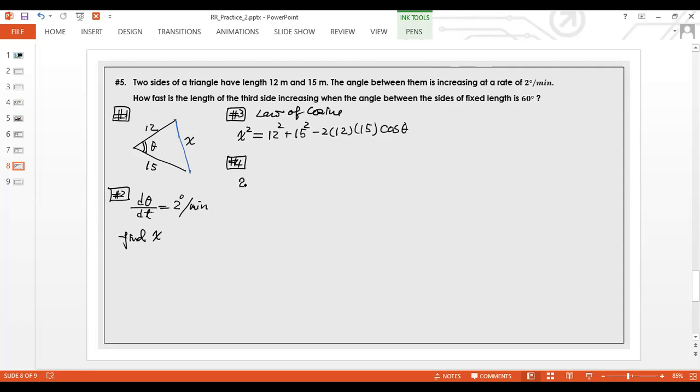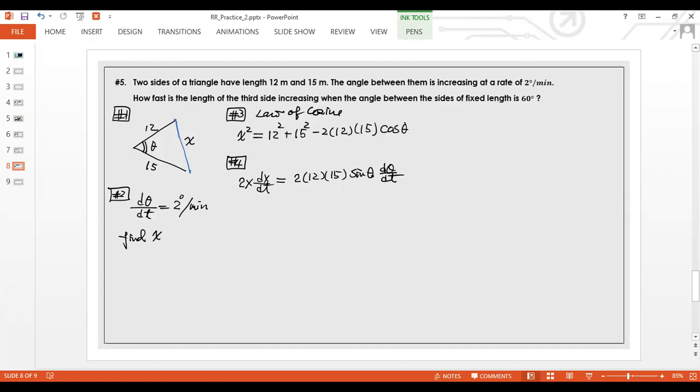So I have 2x dx/dt is equal to, this 12 squared and 15 squared is a constant. Cosine will become negative sine. So here will be 2 times 12 times 15 sine theta d theta/dt here. All right. So we know the d theta/dt here, right?